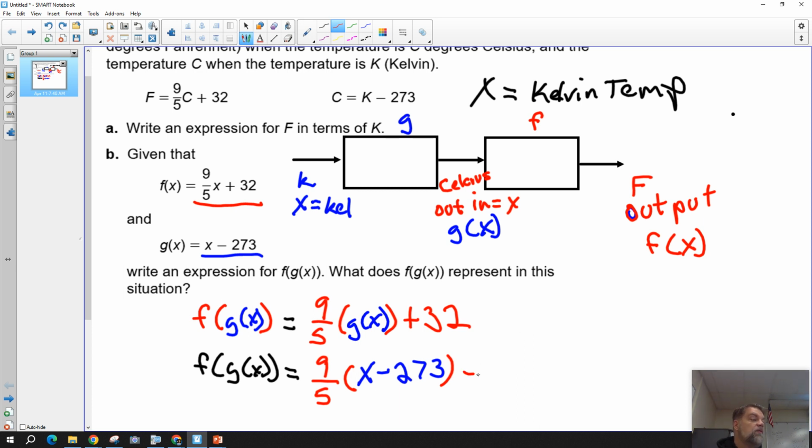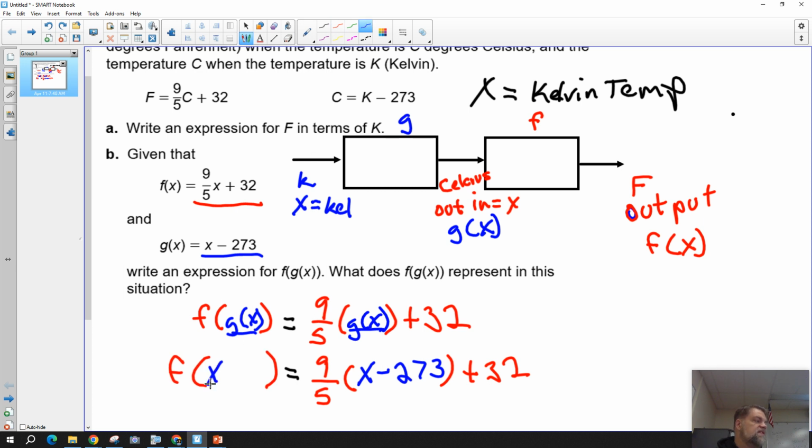I have found through the years that when you write all these steps out, in other words, when you write it with the g of x in there, and then take a second step, and you could even write it like this. This actually is how I usually do it. I plug it in here. So I would say something like f of, and then I would actually plug it in right here.